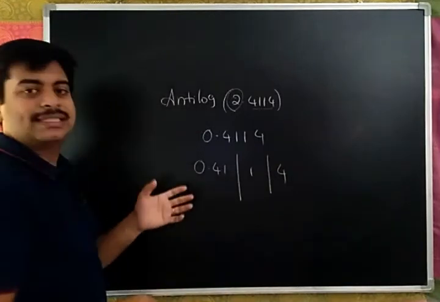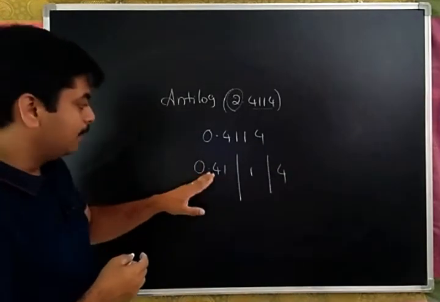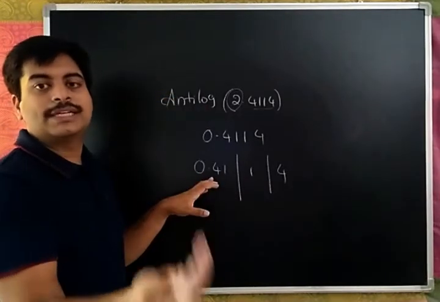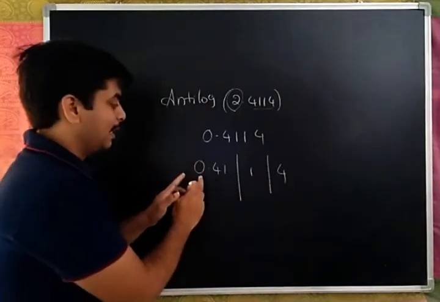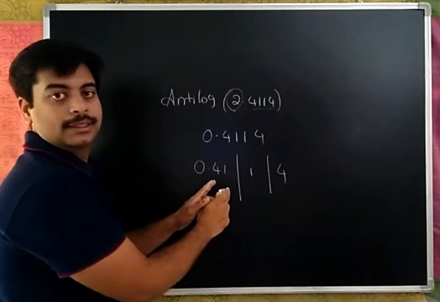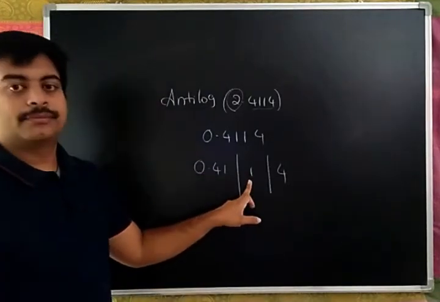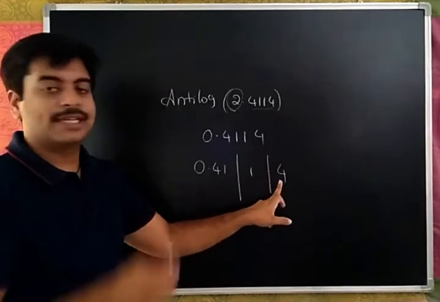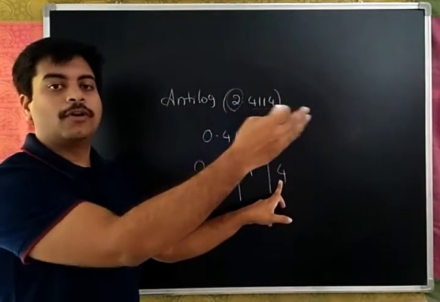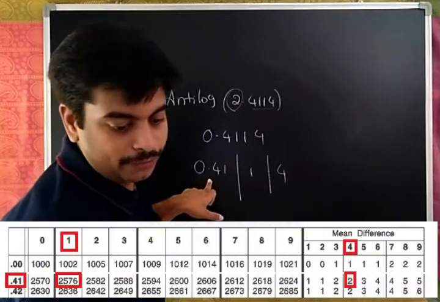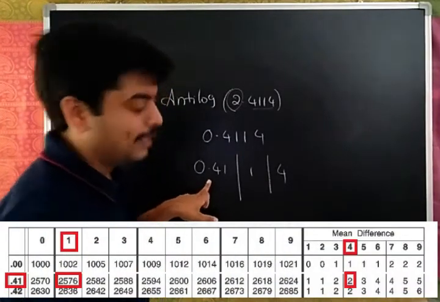So what is the meaning of that? Just like logarithms, in the 0.41th row of the anti-logarithm tables, which are given in the description, take the first column, and you need to add the mean difference given in the fourth column of mean differences. Let us quickly check. For 0.41 and 1, it is 2576.